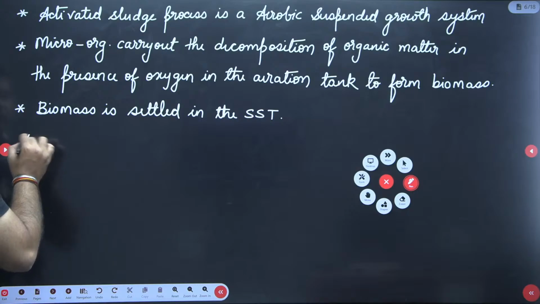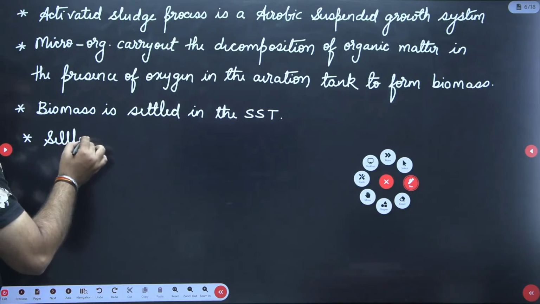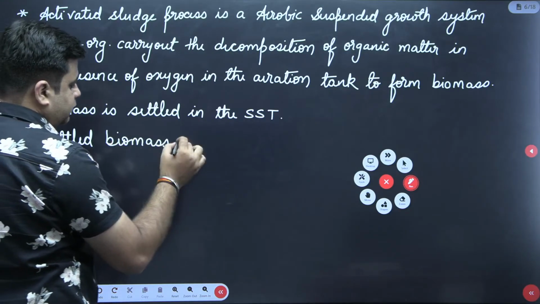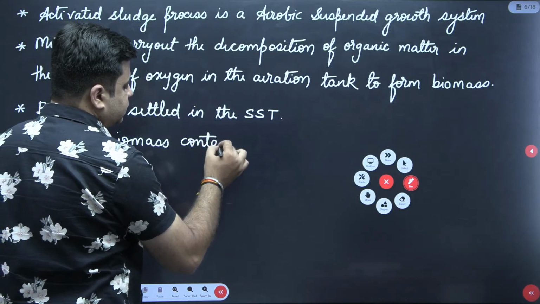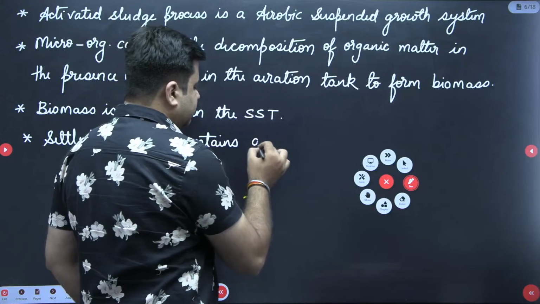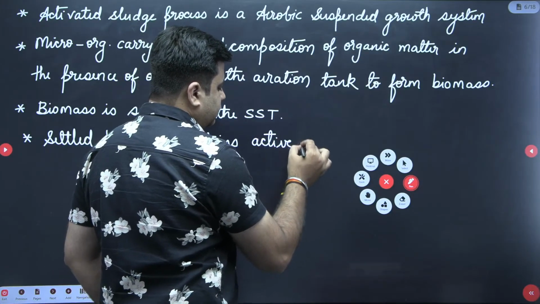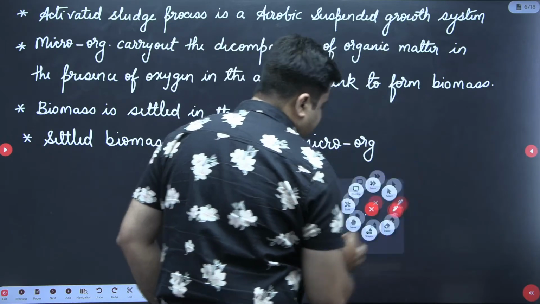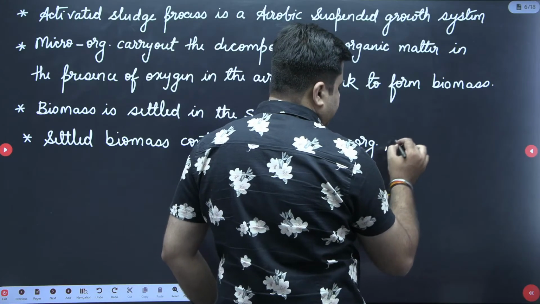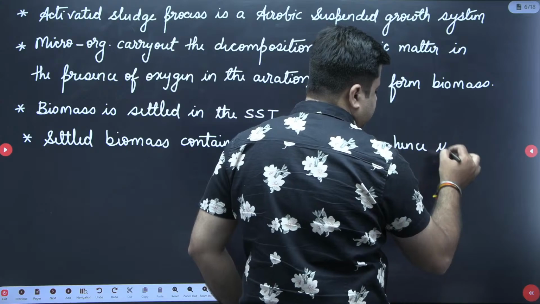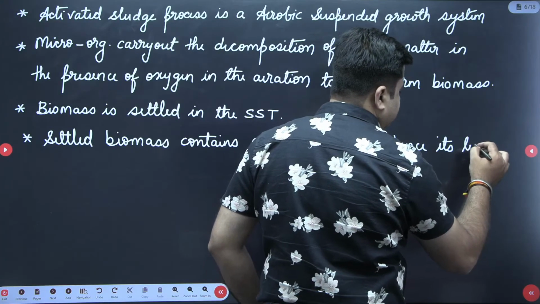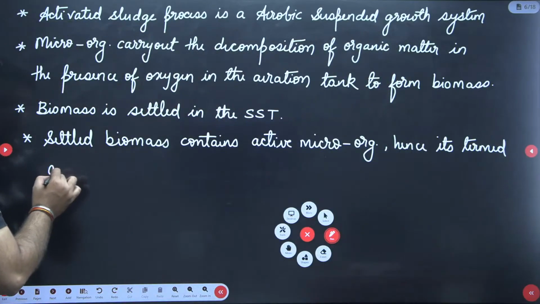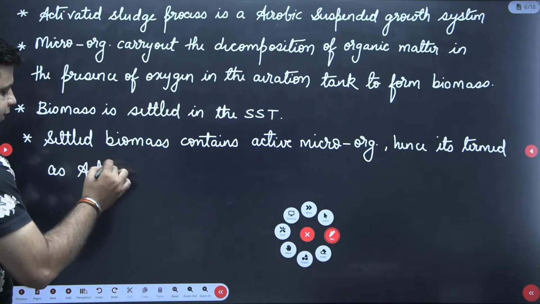Settled biomass contains active microorganisms, hence it is termed as activated sludge.